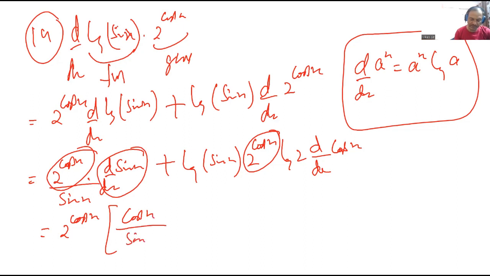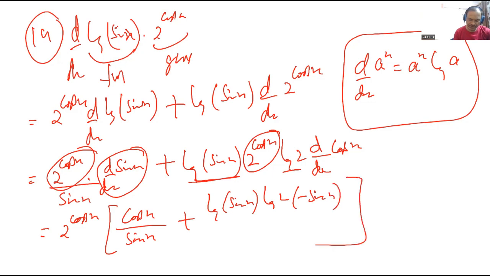I can write it like this, plus log sine x, log 2. And if you differentiate cos x, you will be having minus sine x. Okay. And this way you can write it as your answer. Furthermore, one more thing you can write. The next step, you can remove the sign from here, and then plus will cancel out. The sign will come here in the middle. Okay. Nice.